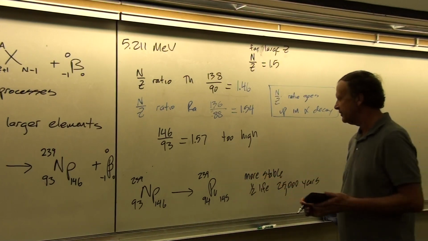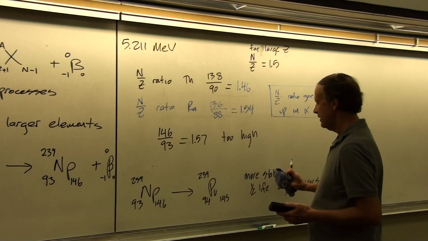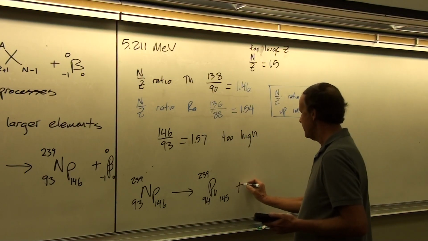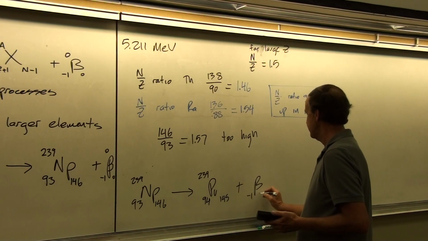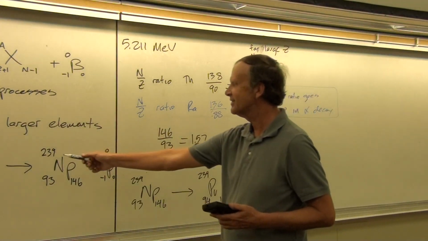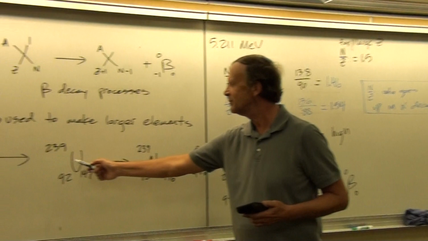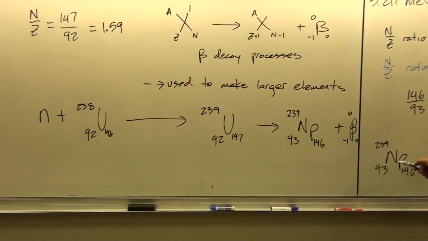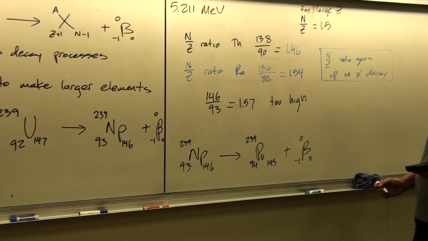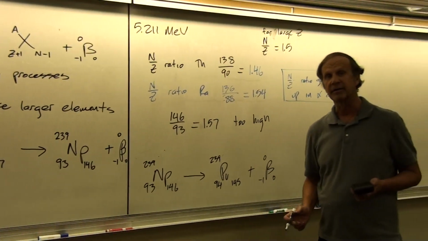And so we've been able to make the plutonium then by having it emit a beta particle. This is -1, 0, 0. Okay? And so these processes, once the uranium becomes excited, go to neptunium and then to plutonium. And then it turns out that plutonium is easy to bust apart.